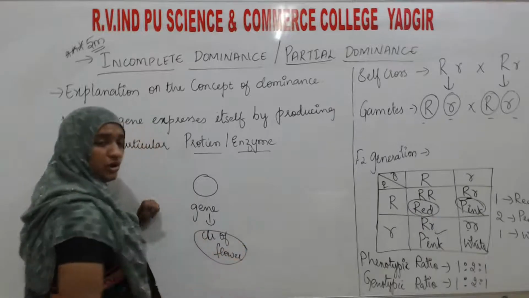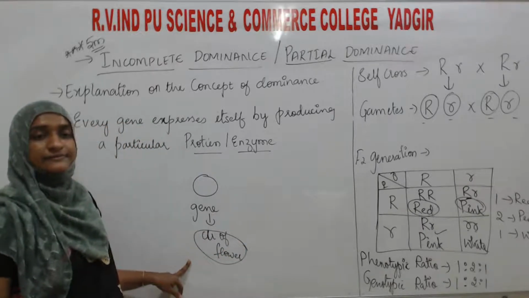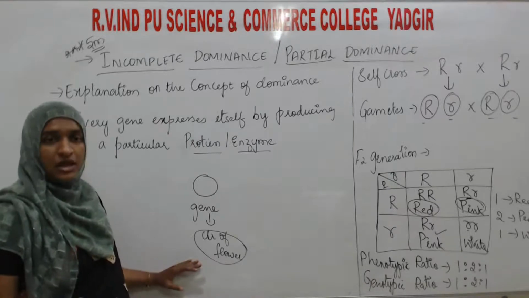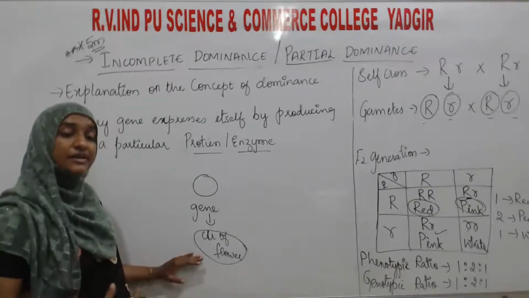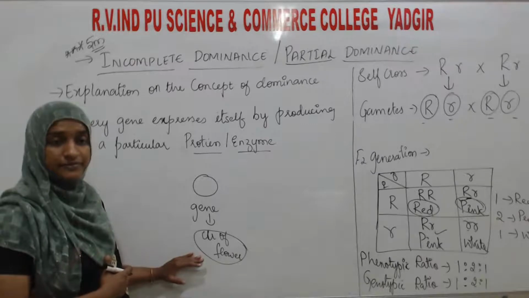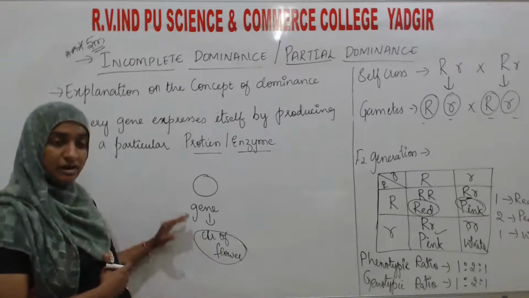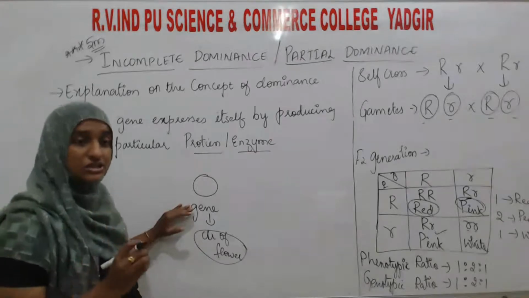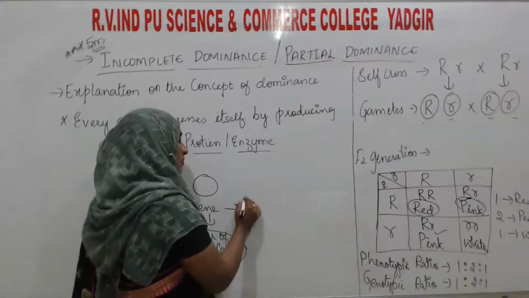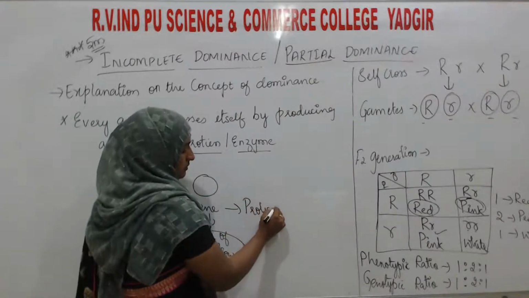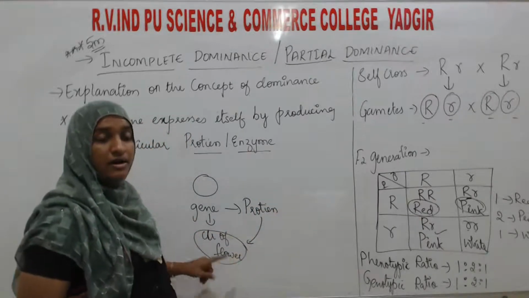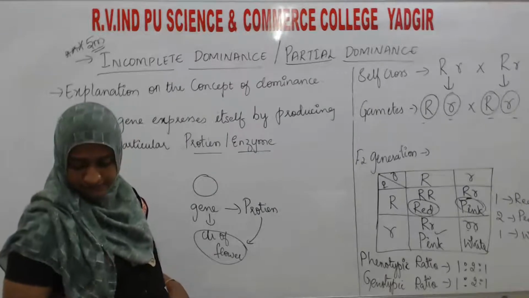Color of flower is the character. How do you see this character in a particular plant? That character comes through the gene. That gene produces a protein, and that protein forms a particular character.